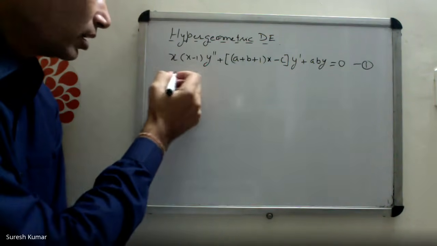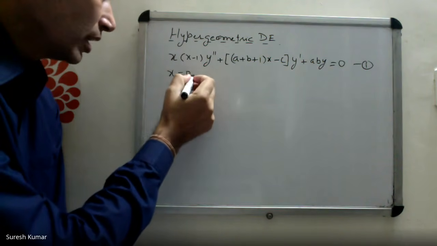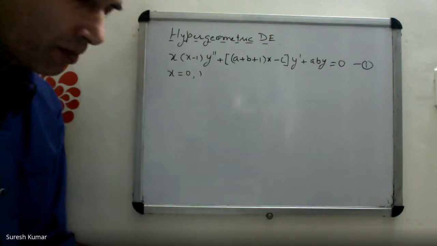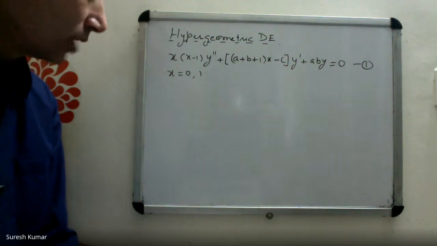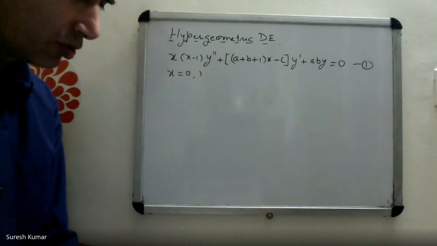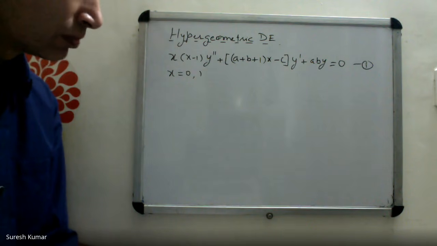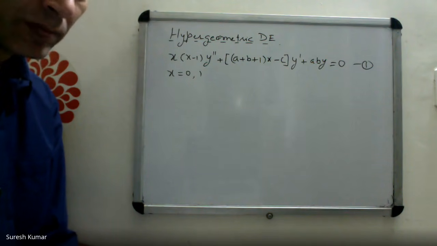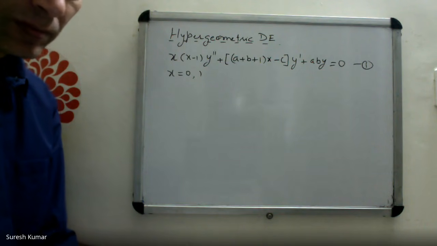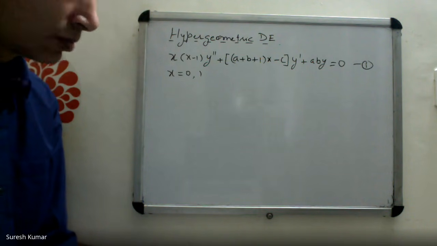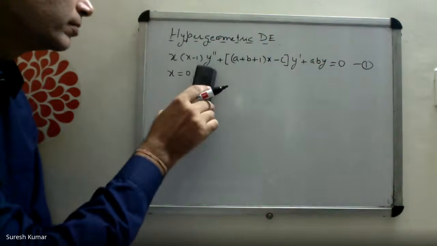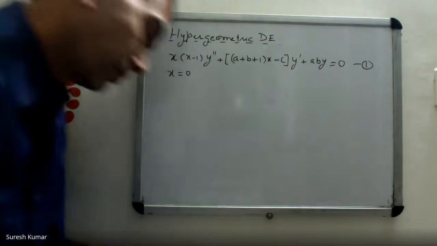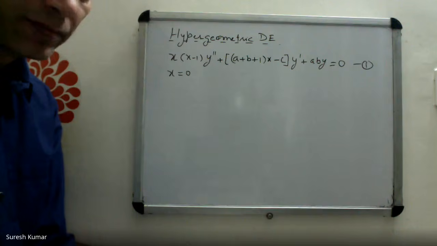Can you tell me the nature of x equal to 0 and x equal to 1 in this differential equation? Is it an ordinary point or a regular singular point? x equal to 0 is a regular singular point.